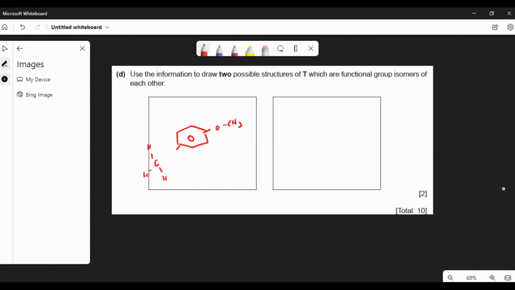So there's got to be an O here, or a C here, there. That's one possible. Or could we have this? We could have an O, C, O, CH3, and then we'd need a CH3 here. Okay, I think they're the 2 we can get.